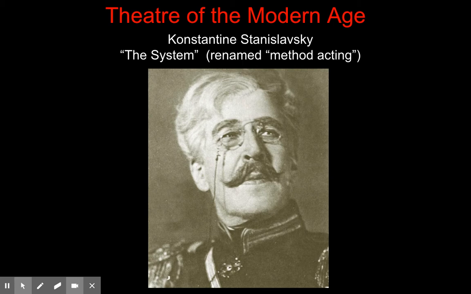So instead of these set positions that neoclassical actors had, modern actors had to actually attempt to be realistic in their acting choices, which meant their language, their volume at which they spoke was quieter. The way that they moved across the stage was more natural.